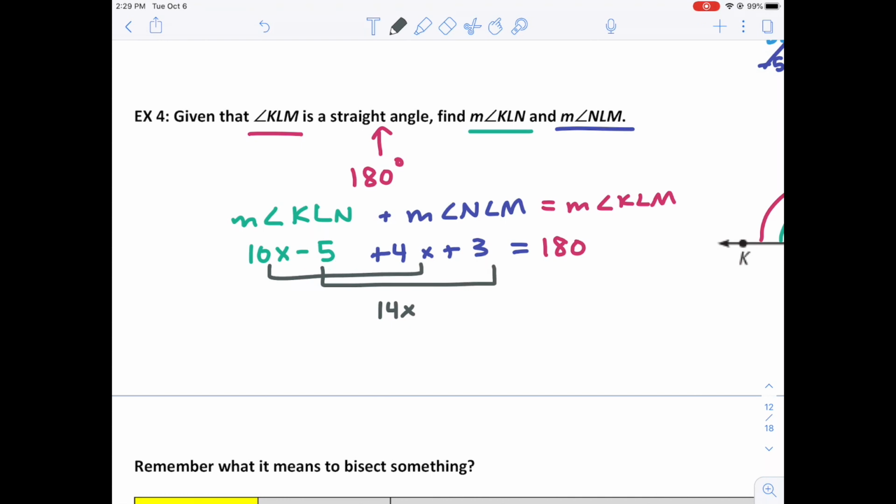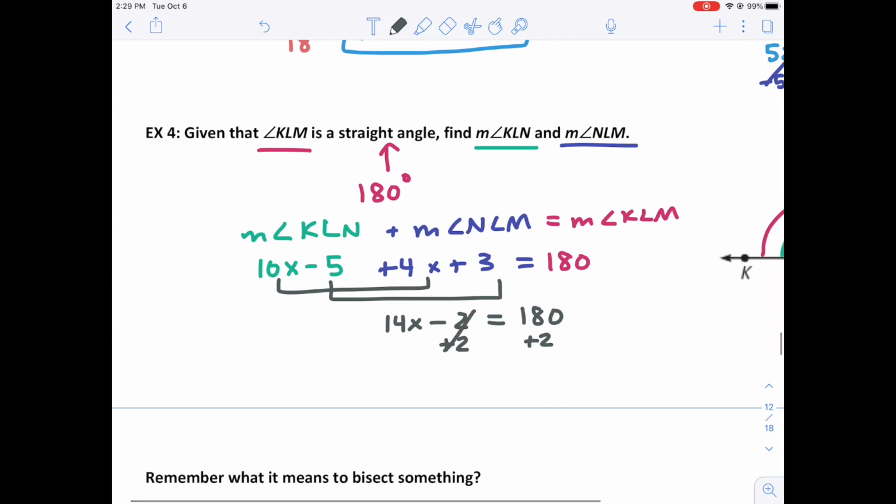That equals 180. And I'm going to need to finish simplifying for x by adding 2 to both sides. I get that 14x equals 182. And then I'm going to divide both sides by 14 to get x equals 13.